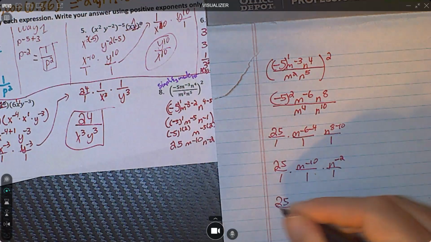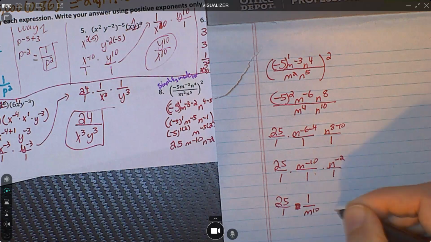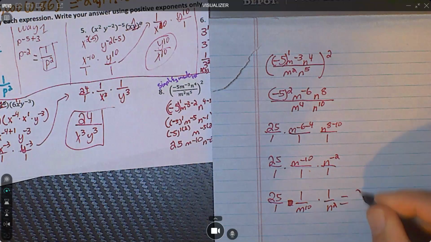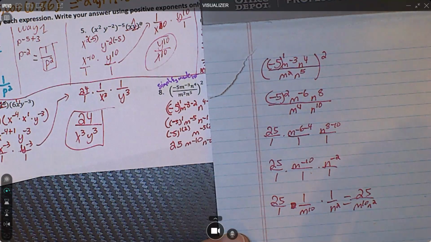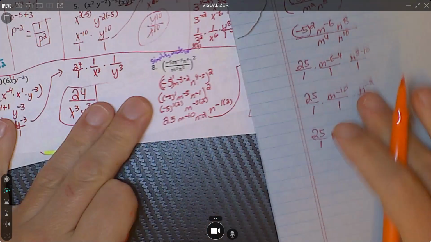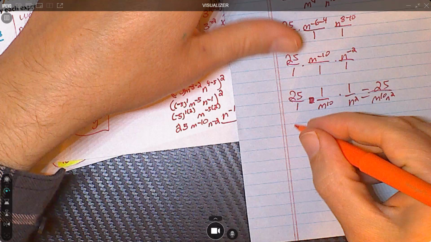Rewrite them, positive powers, times. And see, I still get that 25 over m to the 10th n squared. So you could do it that way. You could do it this way. I'm just giving you a lot of options. Okay, let's go back to the original.